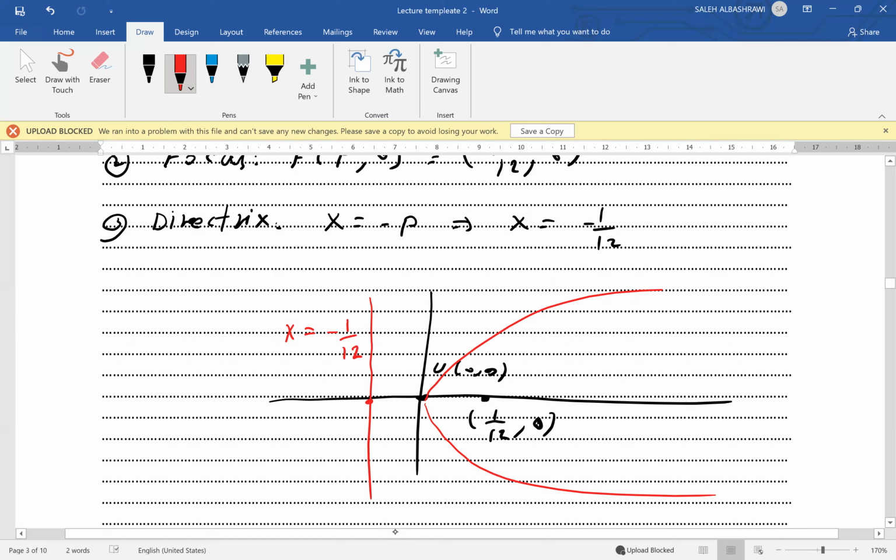So this is the graph of the parabola given by the equation y squared equal to 1/3 x. If we have y to the power 2, the parabola will open to the left or to the right. If we have x to the power 2, the parabola will open upward or downward.